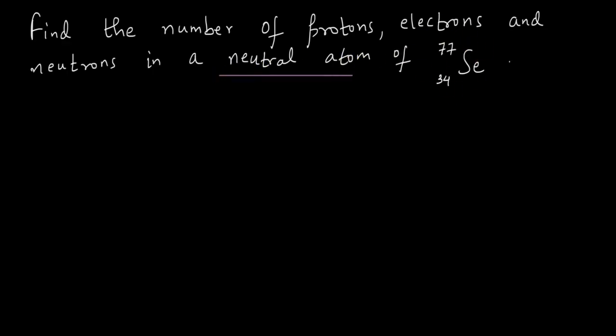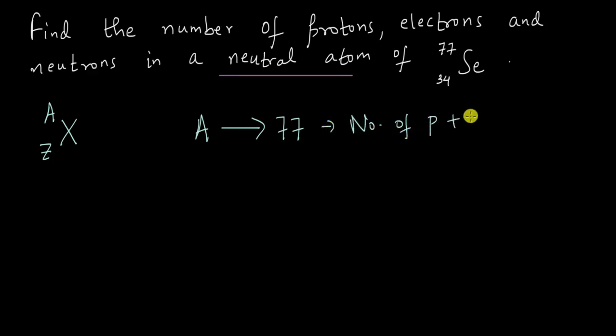Okay, let's see. Alright, so in general, our element symbol will have the chemical symbol, which here is selenium, and the mass number on the upper left side and the atomic number on the lower left side. So here this means that the mass number A for this atom is going to be 77. This is the number of protons plus the number of neutrons, because these are the heavy bits of an atom, remember?